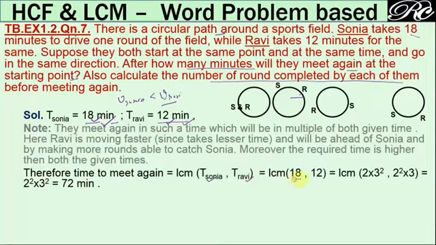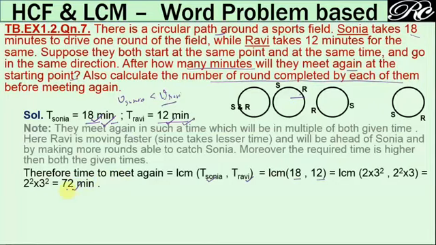Means LCM of 18 and 12. We get that 18 is factorized as 2 into 3 square and 12 as 2 square into 3. Therefore, LCM is 2 square into 3 square, it is 72 minutes.